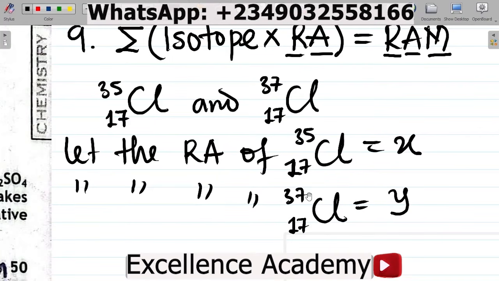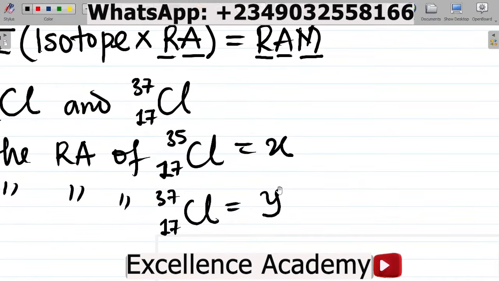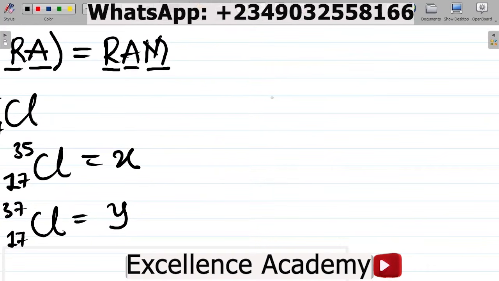Now here's something to note about isotopes with relative abundance. The relative abundance of the first isotope plus that of the second isotope should be equal to 1.